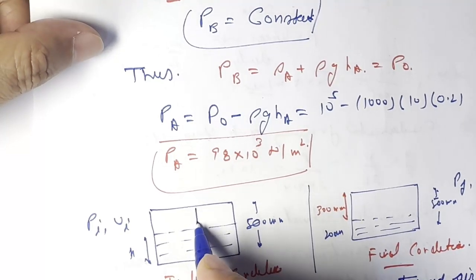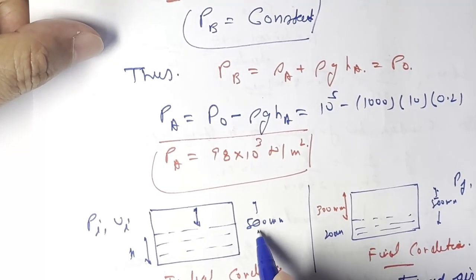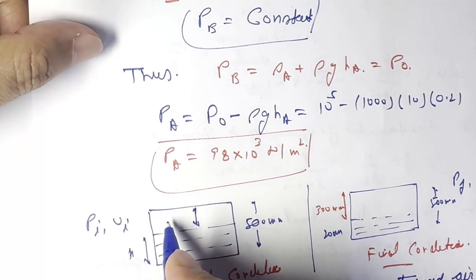So this height will be equal to 500 mm minus h.